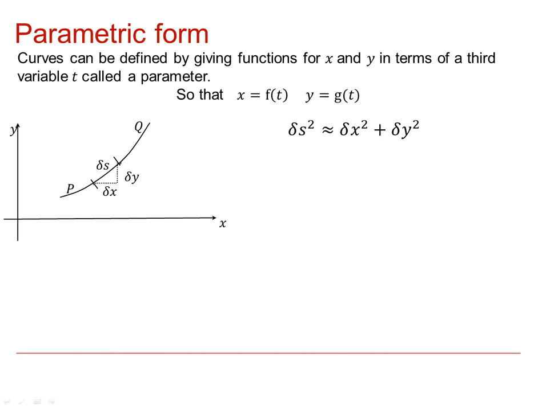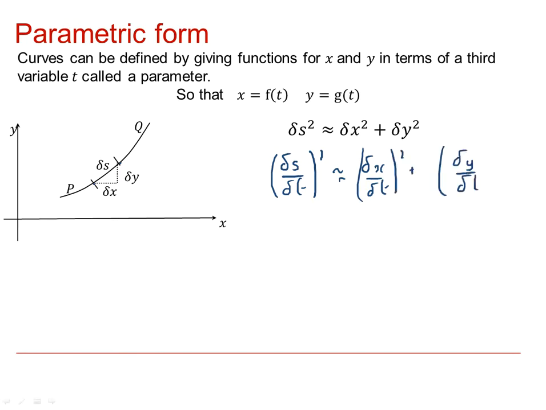We can divide through that equation by delta t squared to give the following: delta S divided by delta t, squared, is approximately equal to delta x divided by delta t all squared plus delta y divided by delta t all squared.